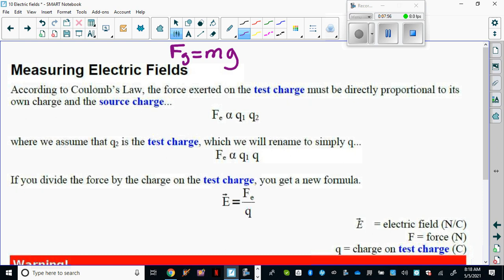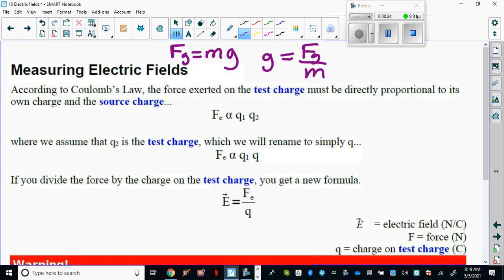Oh, no pun intended. Fg, the force of gravity, equals mg, just because we use it so much. But on your formula sheet, it appears as this: g equals Fg over m, right? And if you recall from Physics 20, that is measuring the gravitational field strength or acceleration due to gravity caused by any given mass.